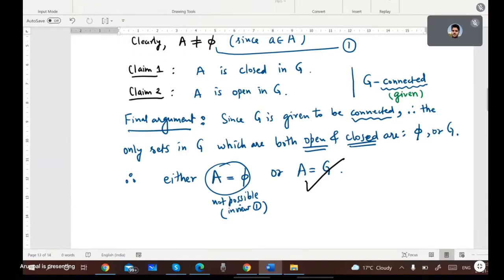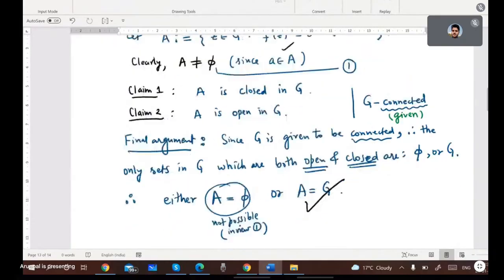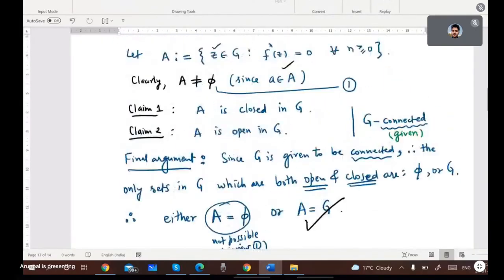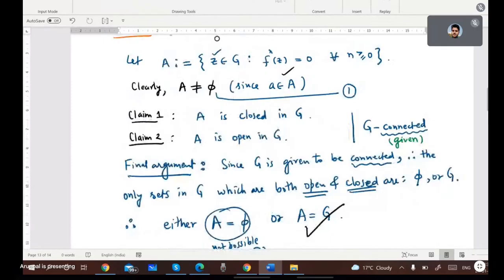Yes, sir. And class, if A is G, then it means what? F is identically zero. Yes. Now you see, if A is G, then see class, what was A? A was the collection of all those z's in G where all the derivatives of f were vanishing.